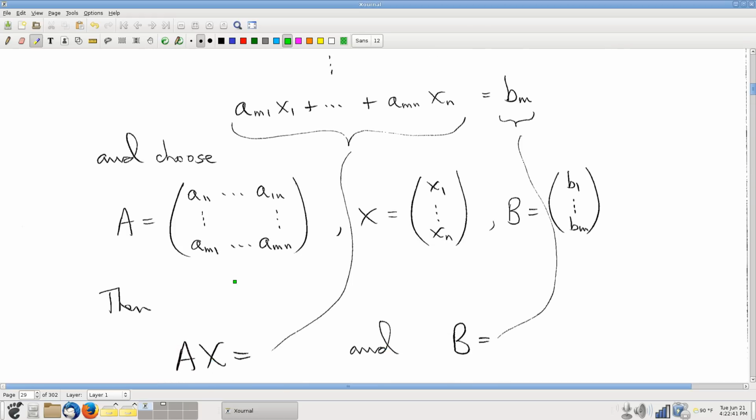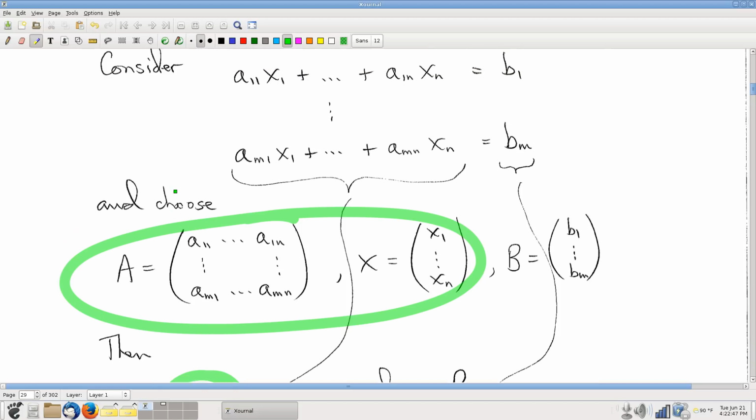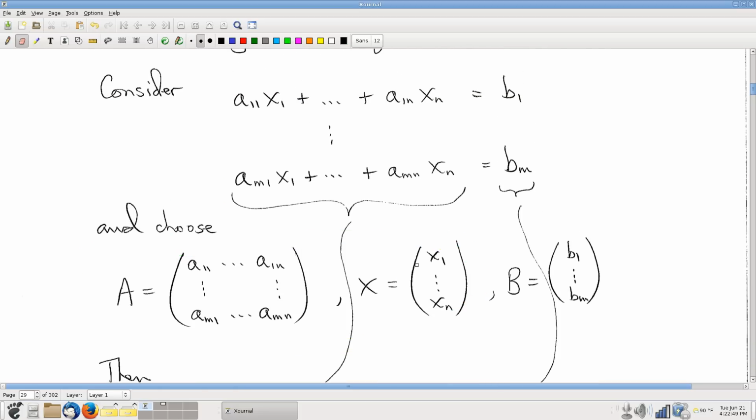And having done so, let's consider what is AX. What happens when I multiply that times that? Well, let's see here. If I multiply A times X, this matrix times this column, let's use the dot product point of view. The first entry is going to be that dot that, which is the left-hand side of the first equation exactly.